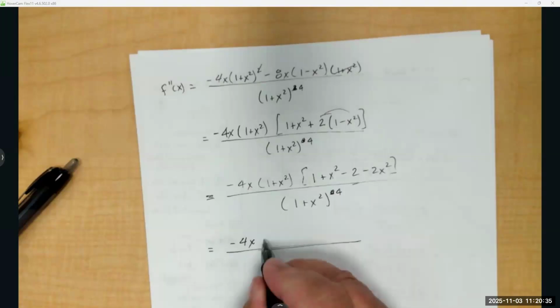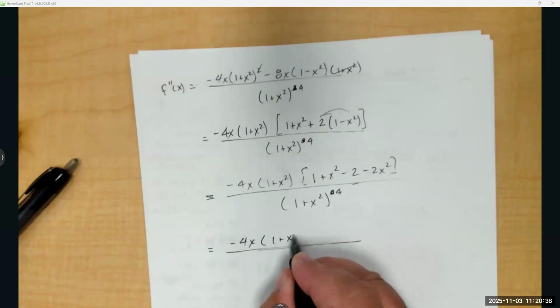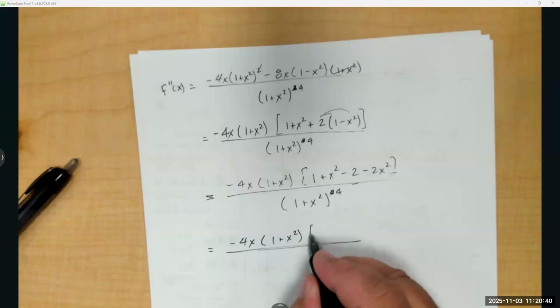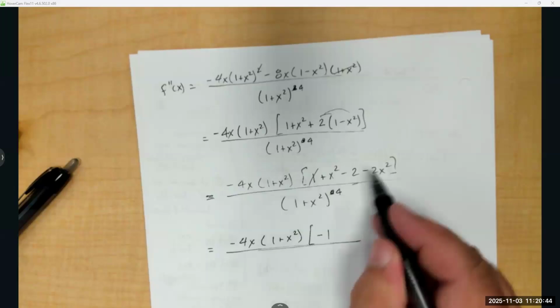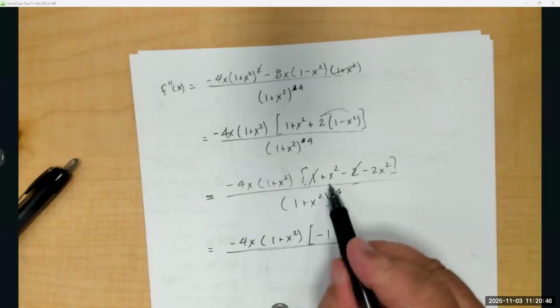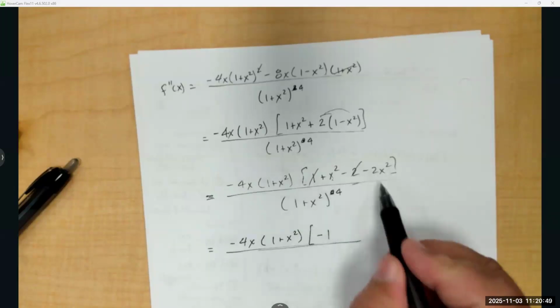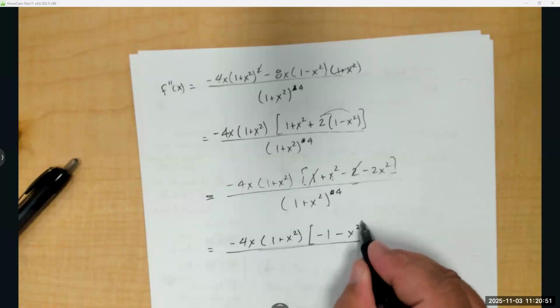Negative 4x, 1 plus x squared. 1 minus 2 is negative 1. x squared minus 2x squared is minus x squared.